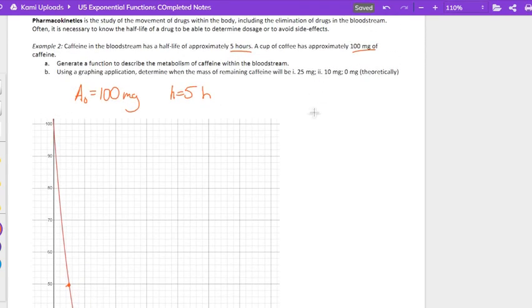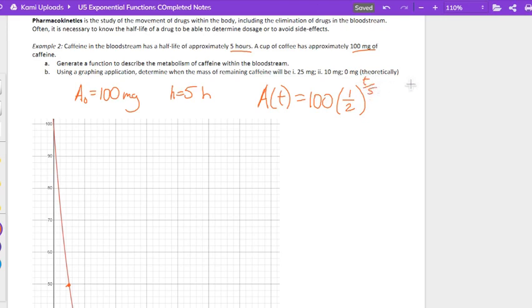Now, let's write the equation. So A of T equals 100. That's the original amount. 1/2 is the base. And then the exponent is T over 5.